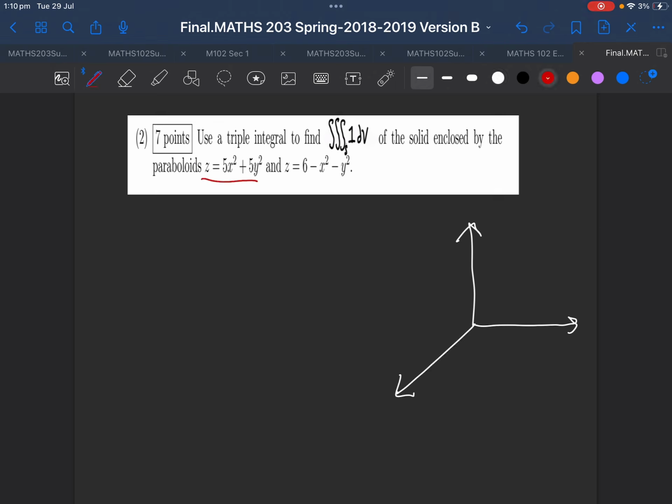We'll try our best. The first one, the one in red, will go upward because it's an upward paraboloid. The second one, in orange, should start at 6 and it will be downward. So you have two paraboloids, one of them upward, one of them downward.